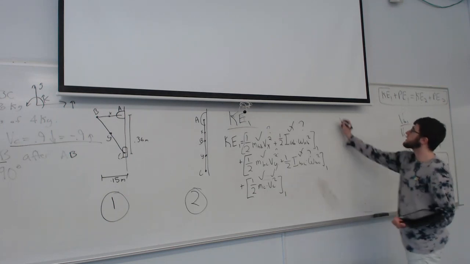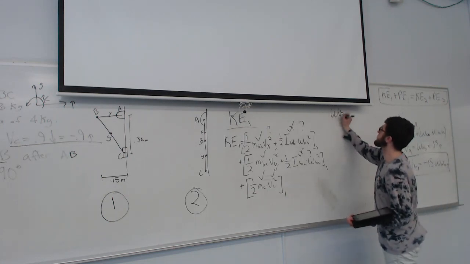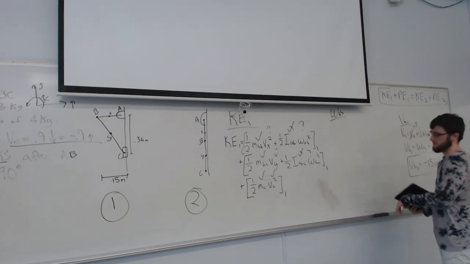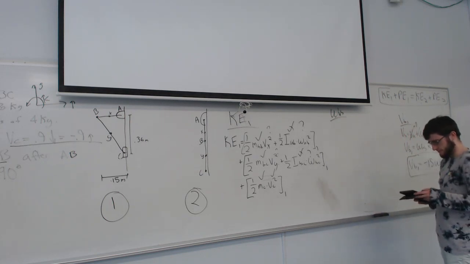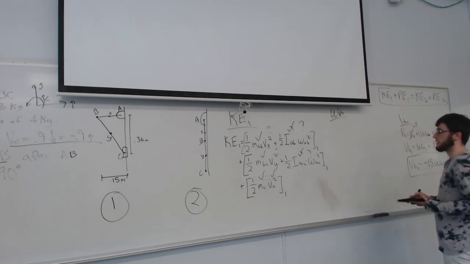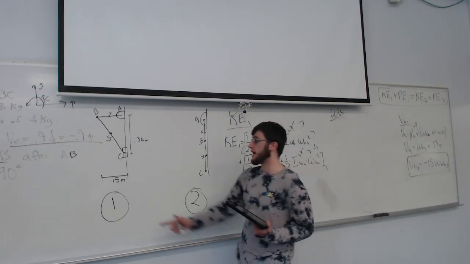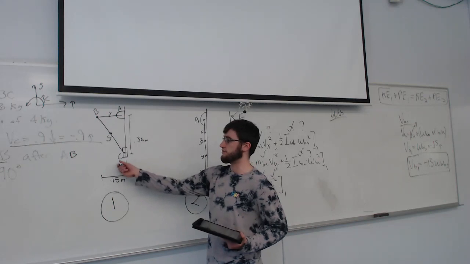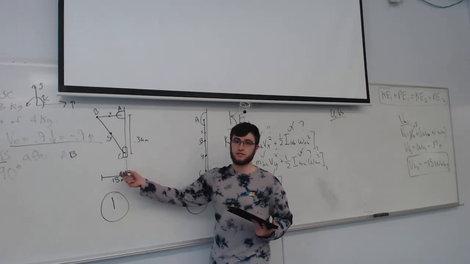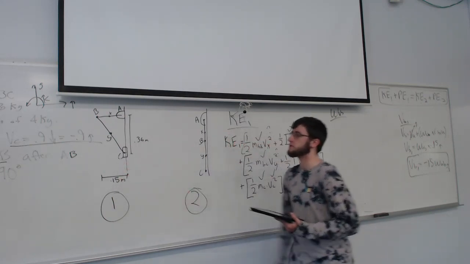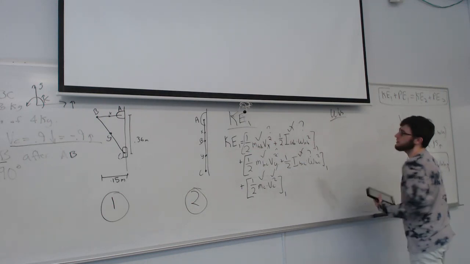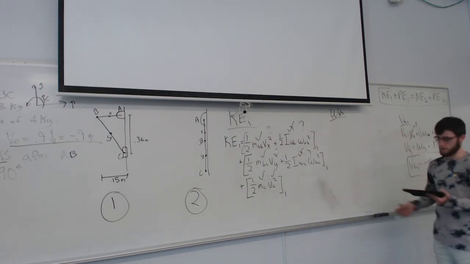So now I'm going to look at rod BC, and the motivation for that is rod BC at point 1, because I know the velocity of C in this state. So I can do stuff with that to then figure out the velocity of AB.